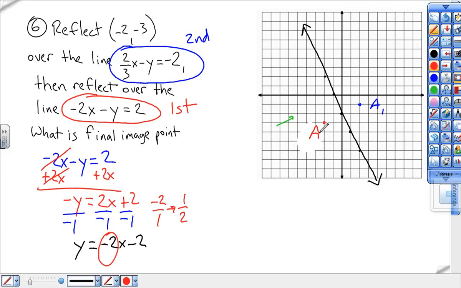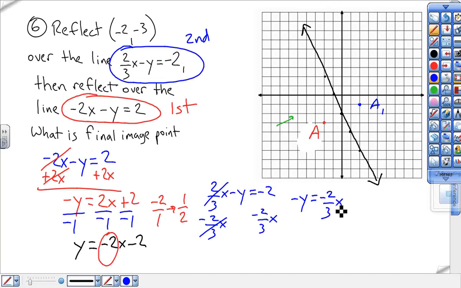My second line also needs to be solved for y, which is pretty tough. So here we go. 2/3 x minus y equals -2. I'm going to take away 2/3 x on both sides. I need to move my work over here to the side. I have -y still equals -2/3 x minus 2.